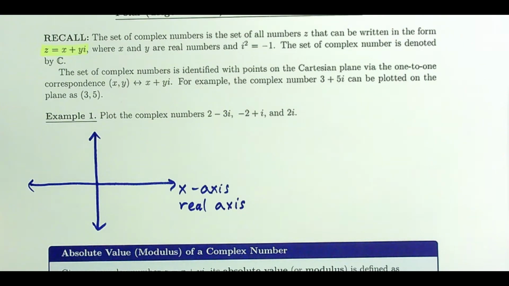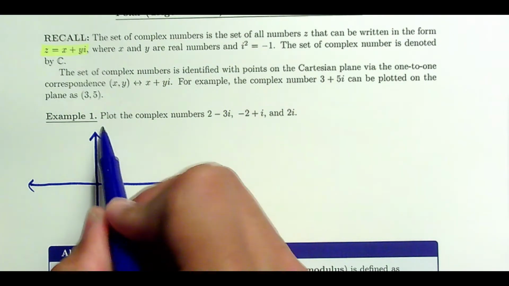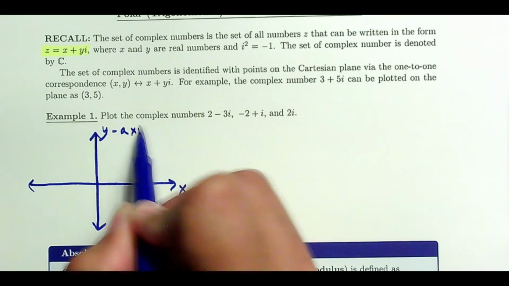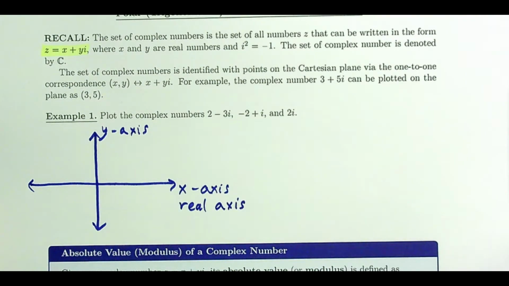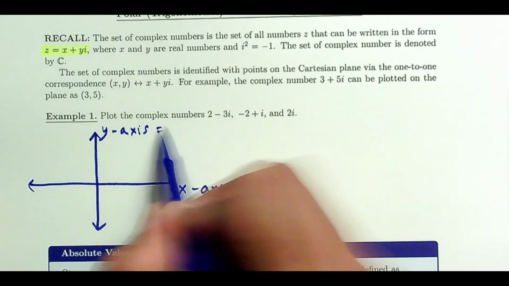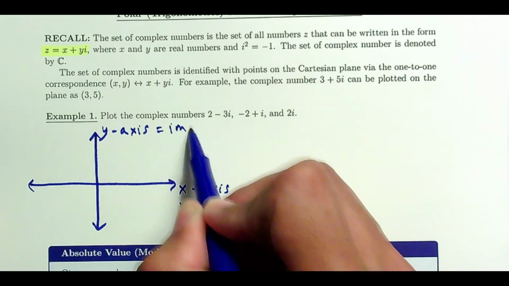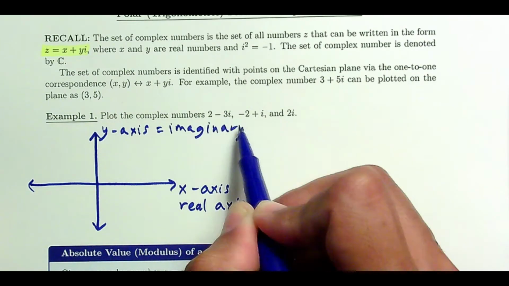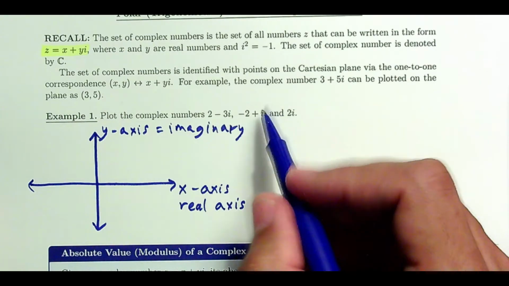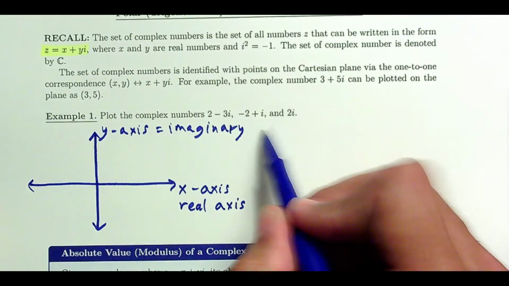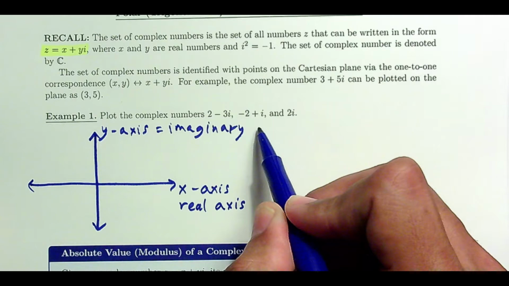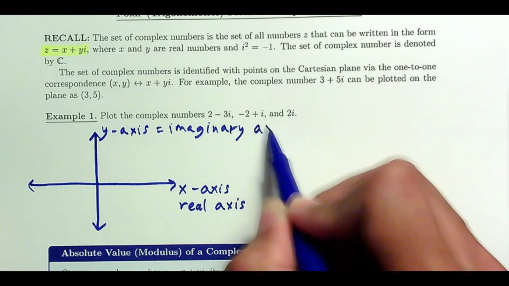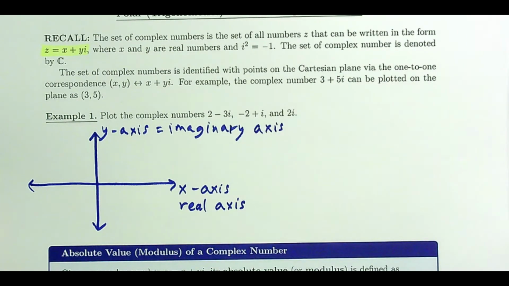And the y-axis, again, in this context, is usually called the imaginary axis. That just tells us that we're thinking of the complex plane or the Cartesian plane for the purpose of plotting imaginary numbers.